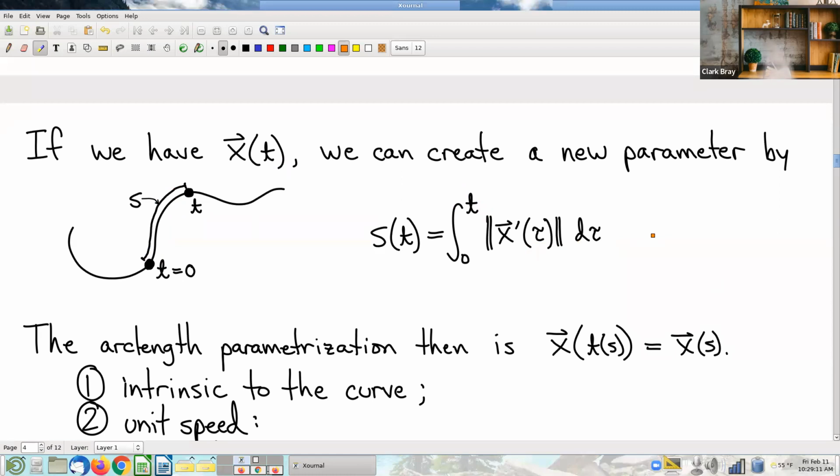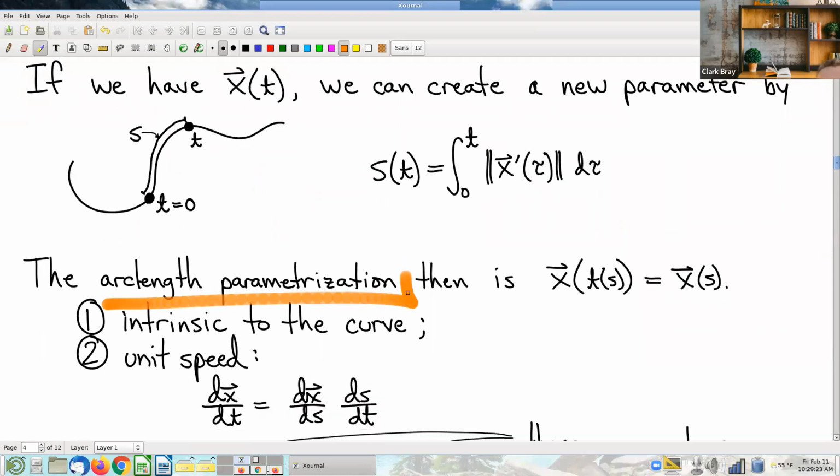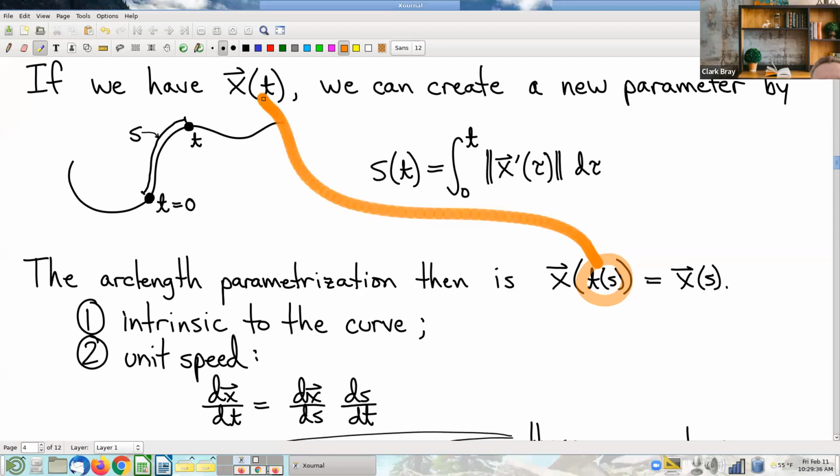Okay, so this is a relationship between s and t. You give me a t, I can compute the s. What we call the arc length parameterization is what you get when you invert that relationship. In other words, solve for t as a function of s and plug that in for the t that was your initial parameter.